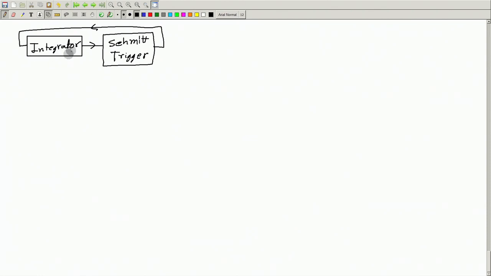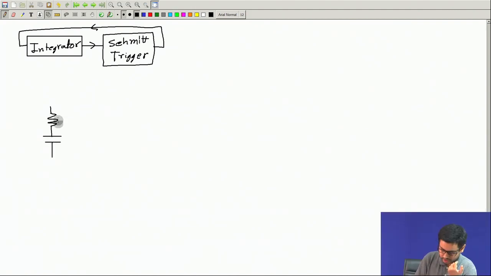Another circuit, let us see, which is a simplified version of this, where we can replace this integrator with just an RC circuit, a capacitor resistance circuit like this. See that this actually is also a kind of integrator.